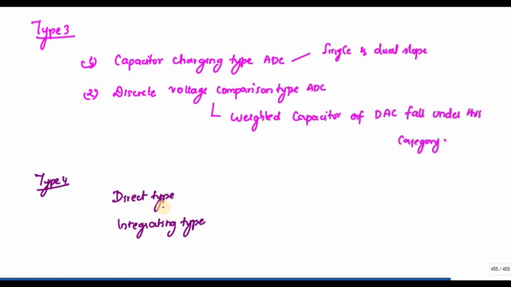The direct type will compare the analog input, my V in, with the internally generated equivalent analog value.